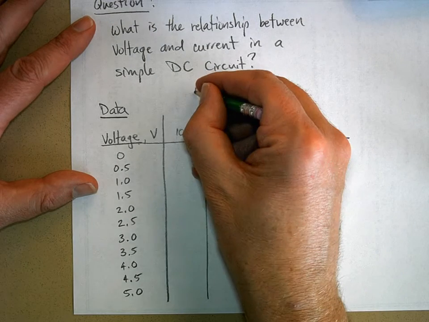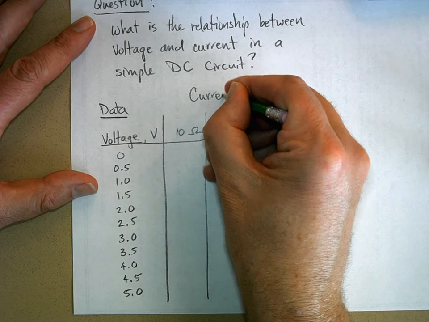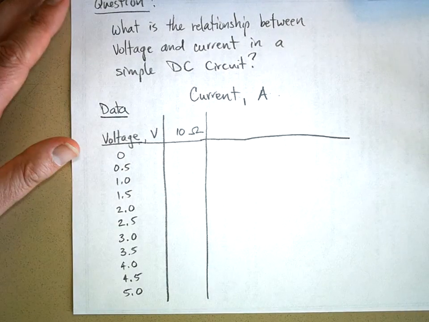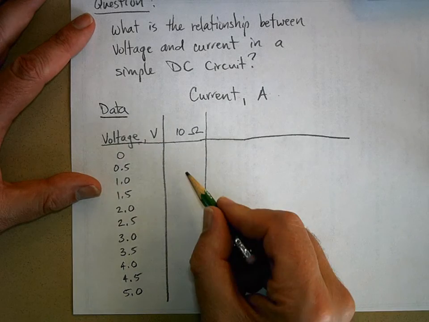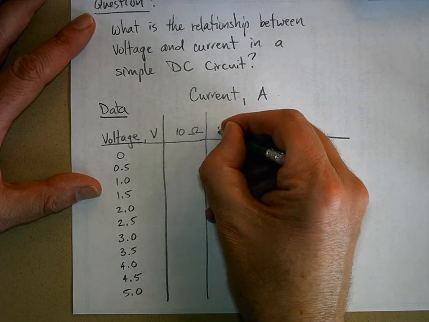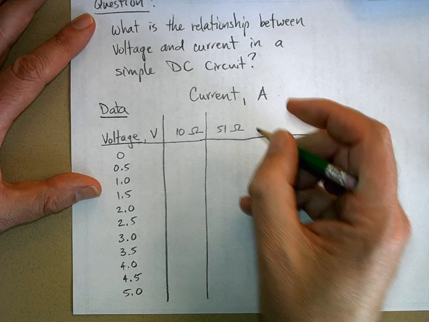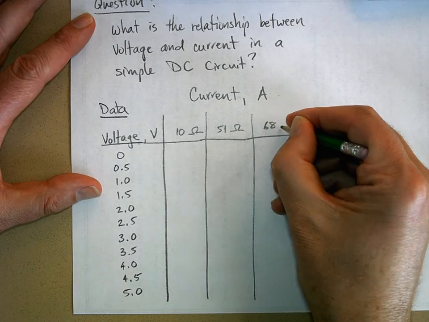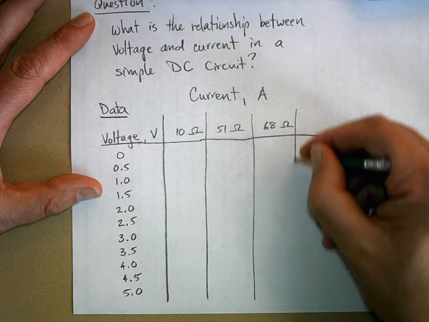So this is all going to be current in amps. Okay. And we're going to do it for a 10 ohm resistor, a 51 ohm resistor, and a 68 ohm resistor. We're going to have 3 different resistors.